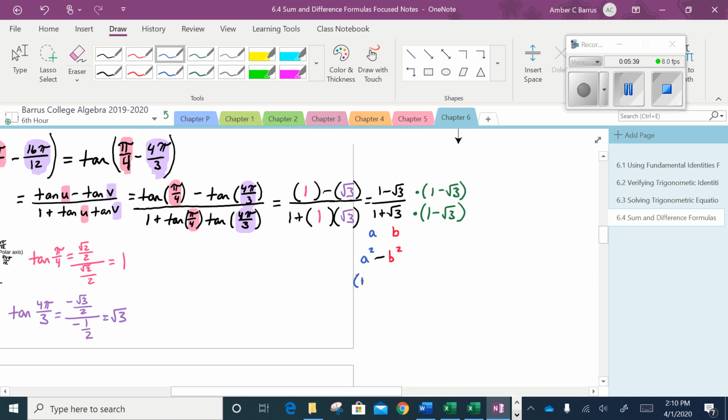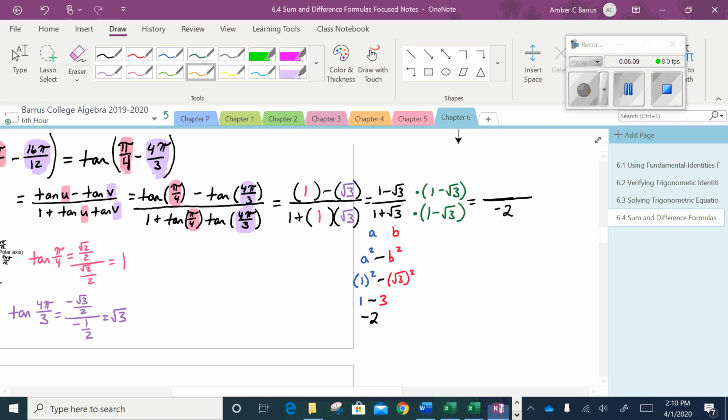So we have 1 squared, and then we're going to go ahead and subtract the square root of 3 quantity squared from that, which is going to leave us with a 1 minus 3. So we're going to have a negative 2 in our denominator. Then up in our numerator, we're going to have to go ahead and FOIL that.